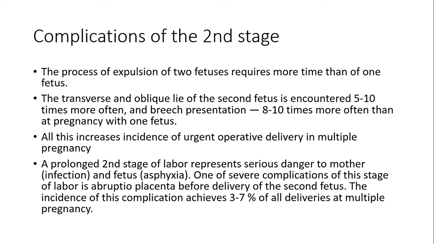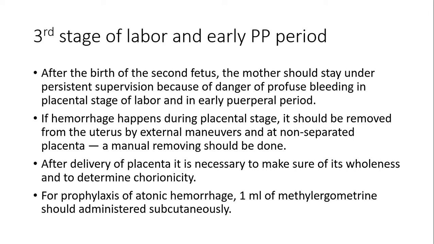All this indicates incidence of urgent operative delivery or maneuvers, and prolonged second stage of labor represents serious danger for mother, mother trauma, mother infection, and fetal asphyxia. One of the severe complications in this stage of labor is abruptio of placenta before delivery of the second fetus. So the doctor must be prepared for such complications.